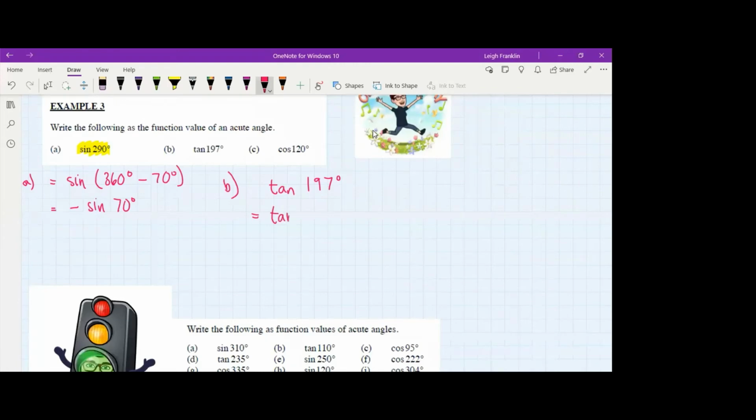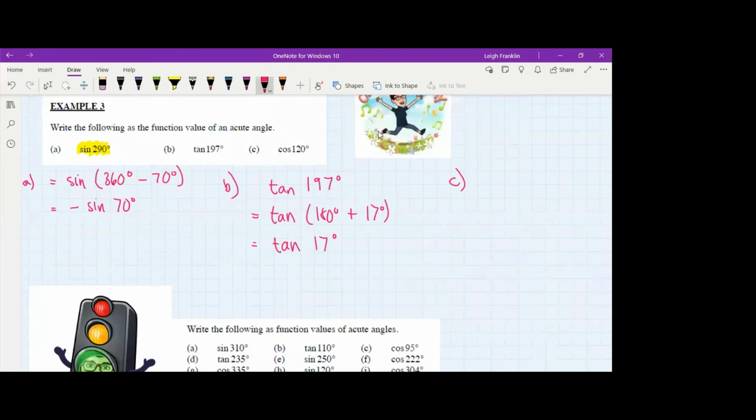So this will be tan of 180 plus 17. Tan theta is positive in quadrant 3, so this reduces to positive tan 17. So we're not just working in terms of theta, we are also working in terms of numbers. All right, and let's just do the last one quickly.